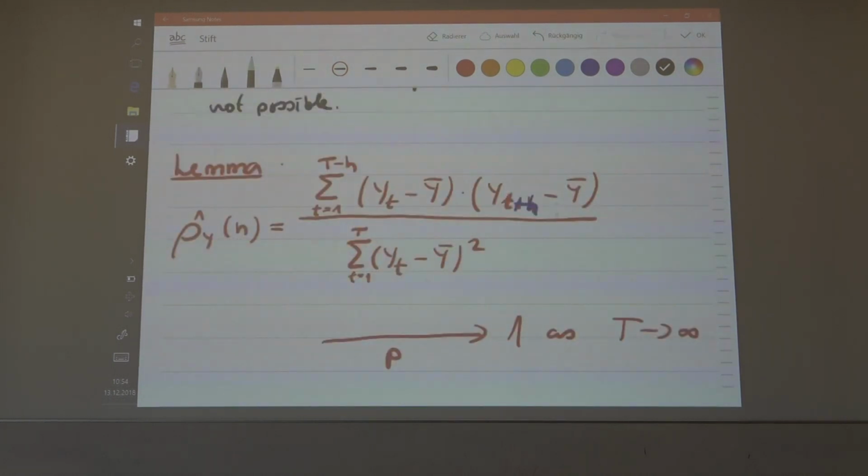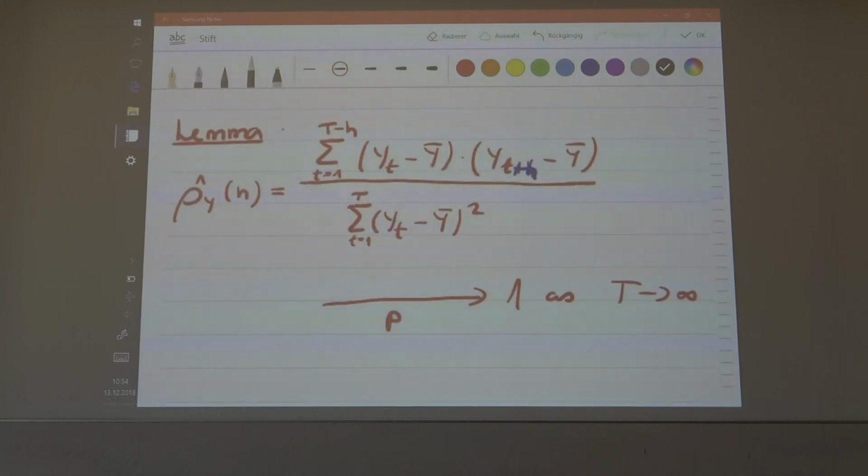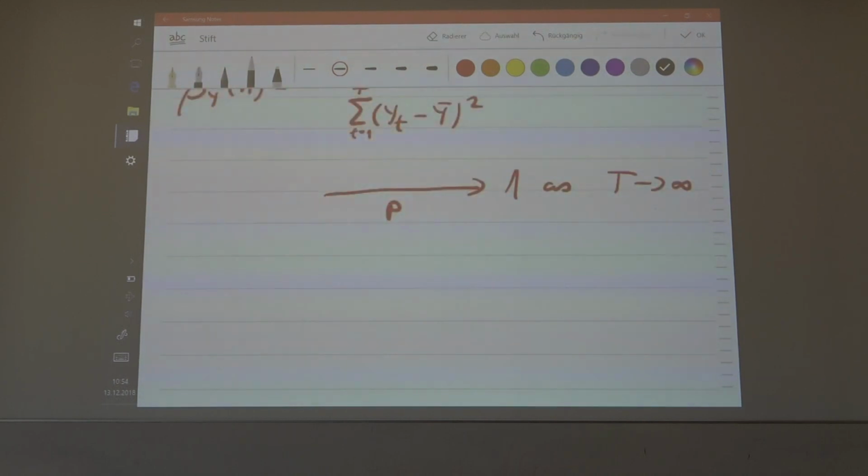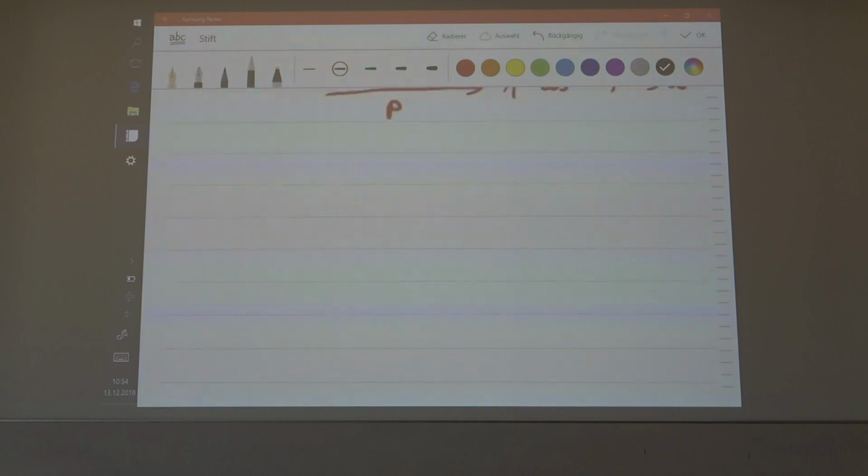This expression will converge to that expression as capital T increases, and if the two become more similar in probability, then the corresponding autocorrelation will converge to 1 as the sample size increases. Now, that doesn't make sense in a regular case, of course.